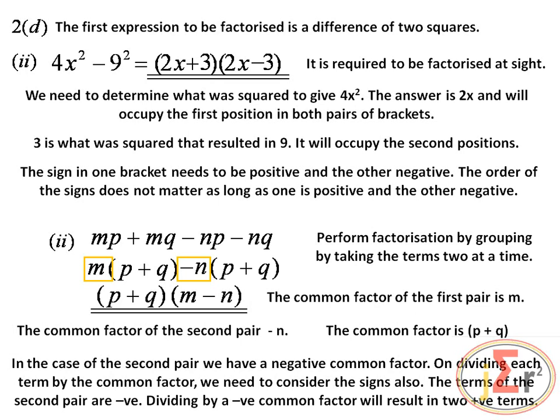The terms of the second pair are negative. Dividing by a negative common factor will result in two positive terms. So negative into negative is a positive p, negative into negative is a positive q. That's what we mean, considering the signs that we are using.